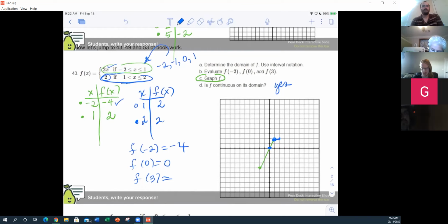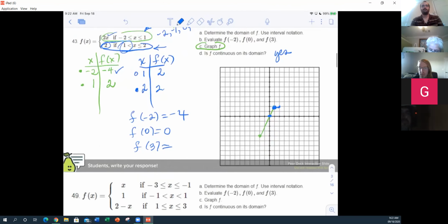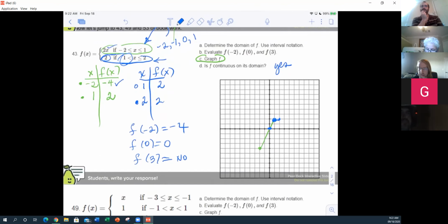Now 3 is outside the domain of both functions, and 3 is totally not even there. So f of 3 is not on the graph. I would say it's undefined is the word that I would use, because it's not in the definition of the function, so it's undefined.